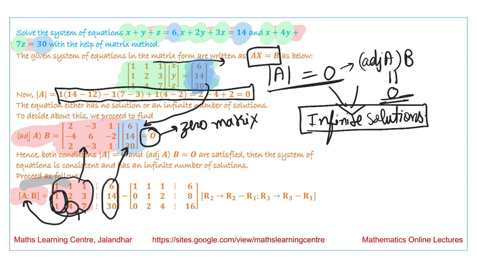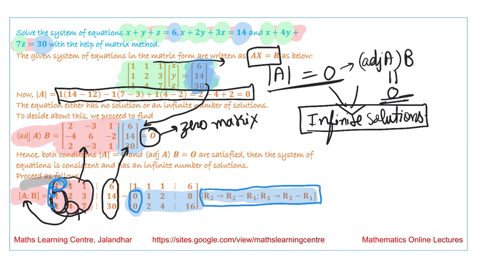So basically what we have done over here, with the help of this one, we are going to make both these terms 0. So we have performed the operation row 2 goes to row 2 minus row 1, and row 3 goes to row 3 minus row 1. So we have made both these terms 0. We have applied these operations on all these elements.